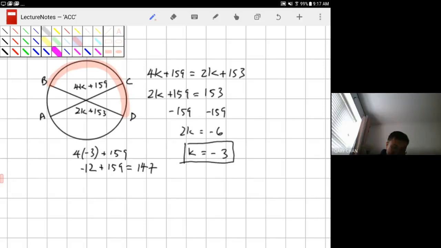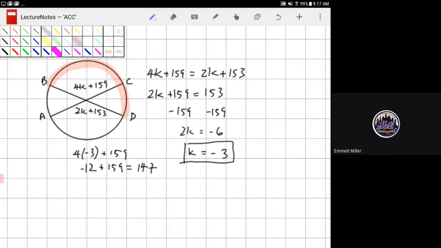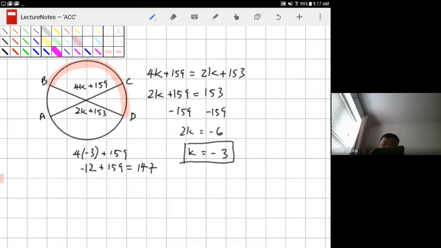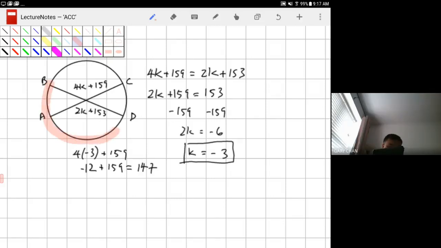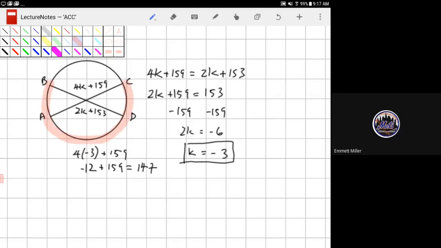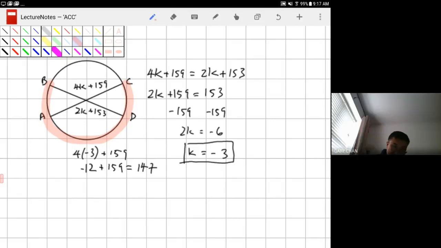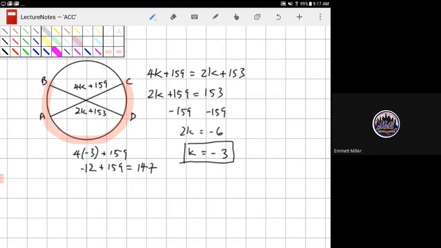We know what both those numbers are, so maybe we could do 147 plus 147 plus 2p equals 360, and then we'll find what p is.